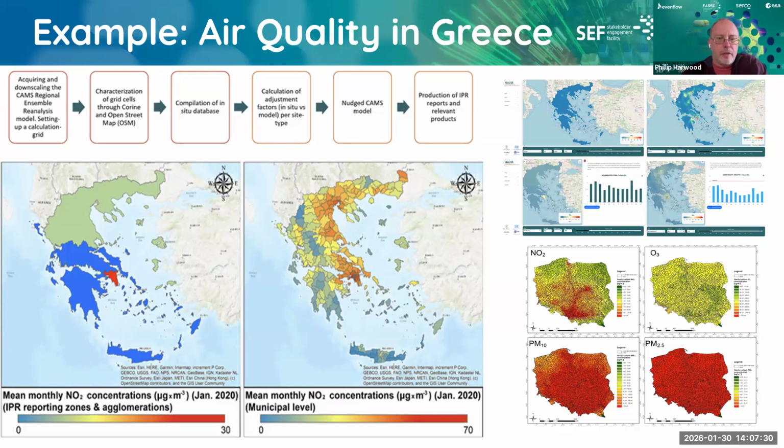But then using Earth observation data together with a set of in situ measurements, you were able to combine the high temporal frequency but low spatial coverage of the in situ with the low temporal frequency but high spatial coverage of the Earth observation measurements to produce much more detailed statistics on NO2 concentrations at a municipality level. And this method was developed in Greece, but it was actually also applied to Poland as well, just to show the reproducibility of this.